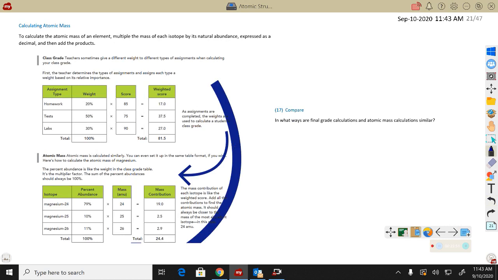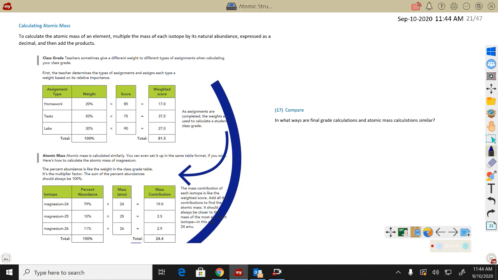Okay, so again, here's an example of how this calculation gets set up. If you want to calculate average atomic mass, it's like calculating a grade when the grade is based on categories, and the categories count for different percents of your overall grade. Now, we don't have categories like homework and tests and labs anymore. Can't do that. But it could be like your grade is 90% summative, 10% formative.